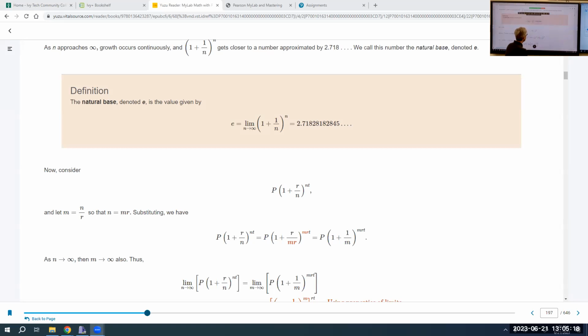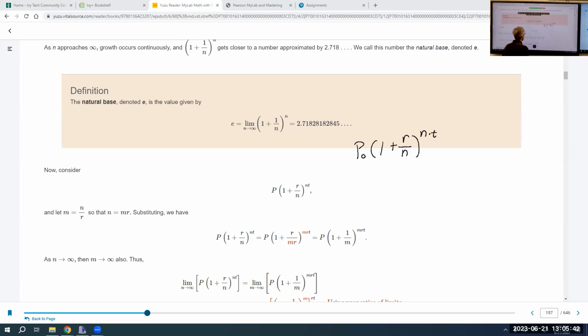Do you remember compound interest? So with compound interest, we had things like you had some initial investment, 1 plus a rate over the number of times it was compounded, times the time, which was usually in years.